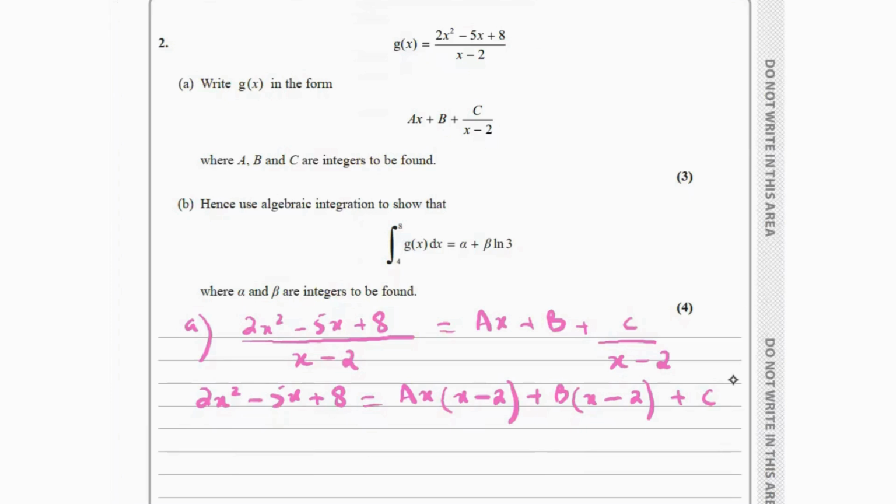For example, if there's an x squared, the coefficient of x squared will be put equal to the coefficient of x squared on the left-hand side and right-hand side. Same for the coefficient of x and same for the constants. So let's expand the bracket now.